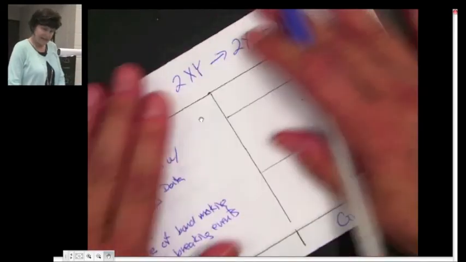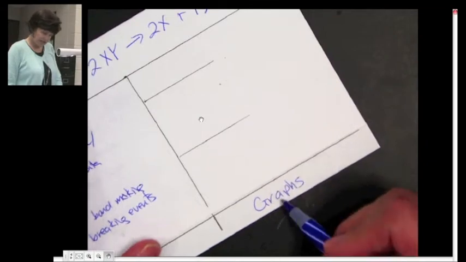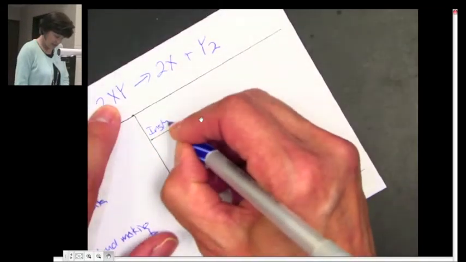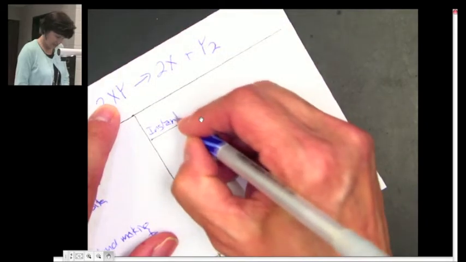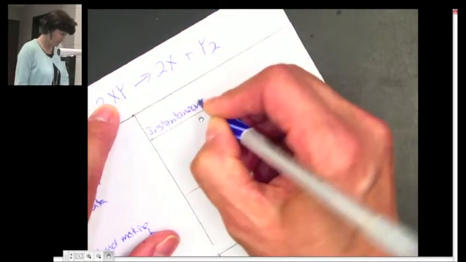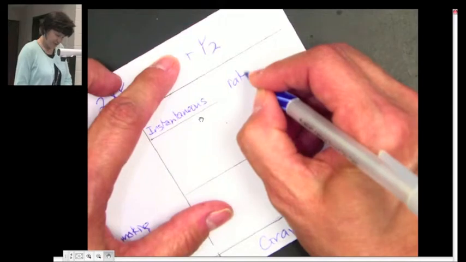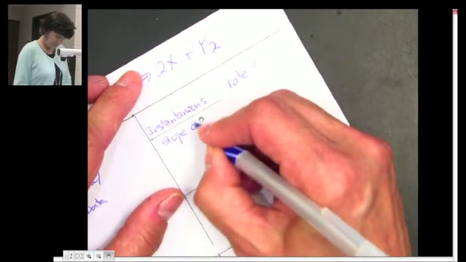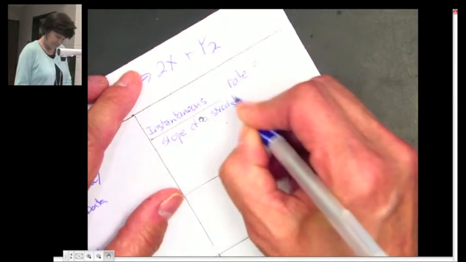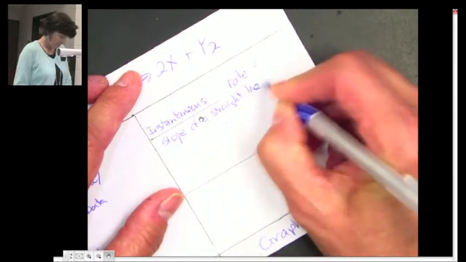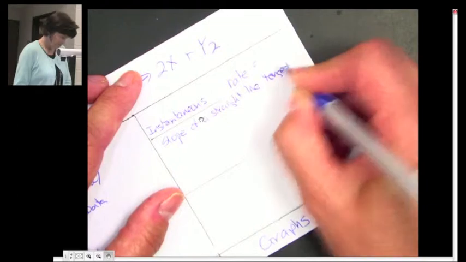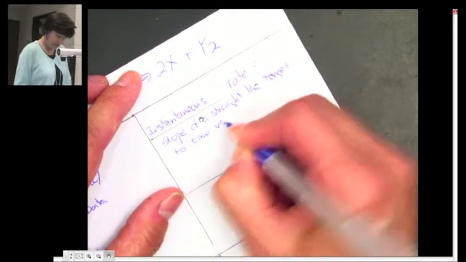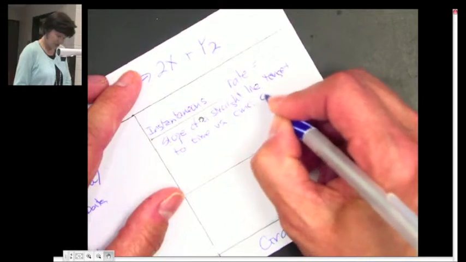All right, the last type of kinetic problem solving would be graphs. So let's look at instantaneous rate. And that's where the rate is equal to the slope of a straight line tangent to a time versus concentration curve.